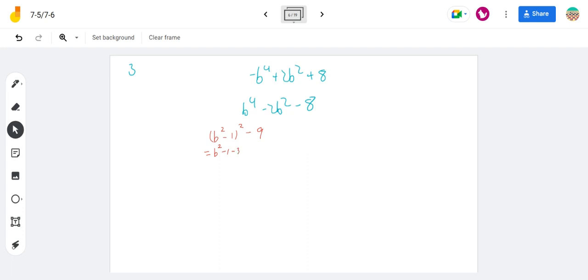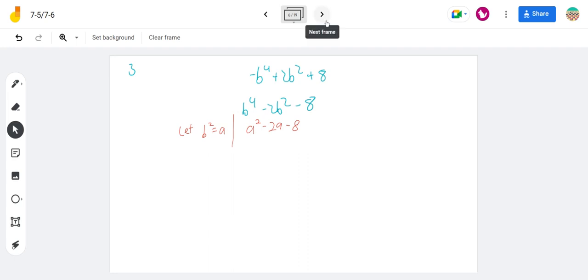Oh, you can still factor it if you let b squared equal to some a, and then you can write this one as a squared minus 2a minus 8. Okay, so if you change the b squared to a, then actually it becomes a quadratic.